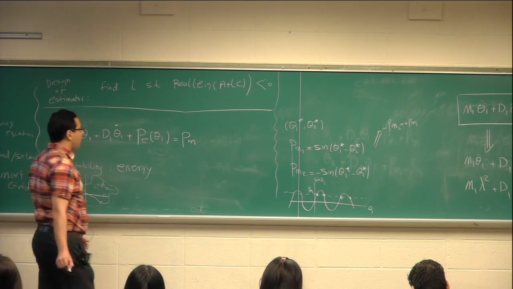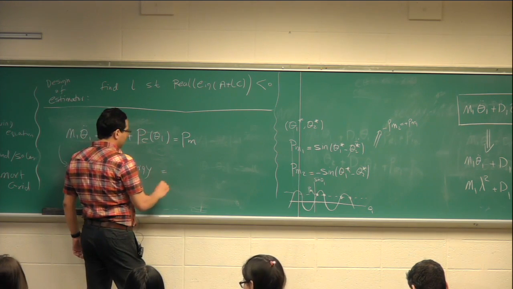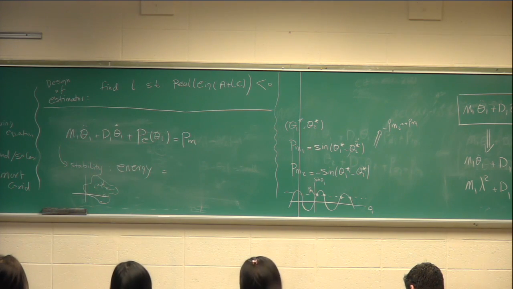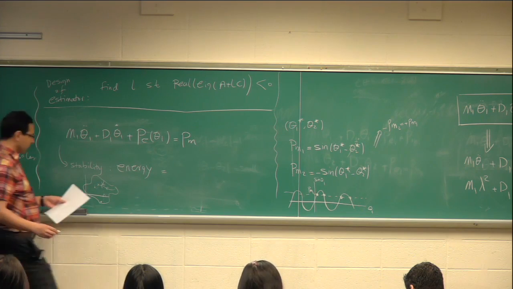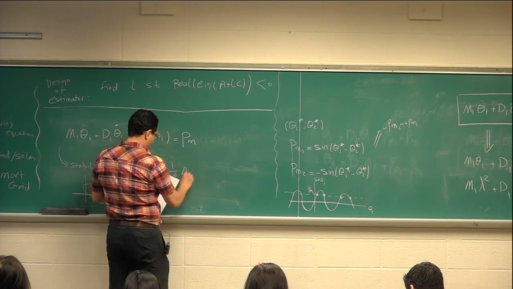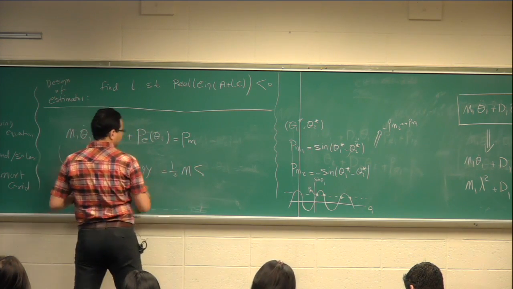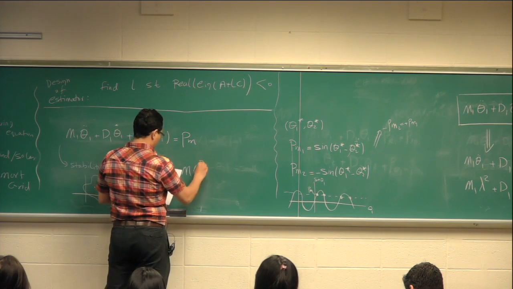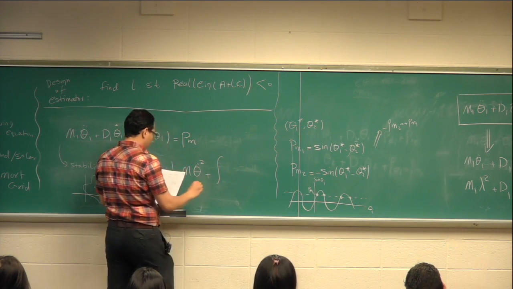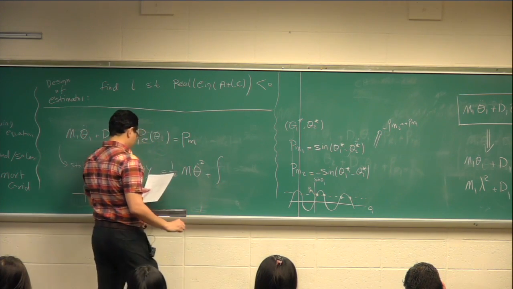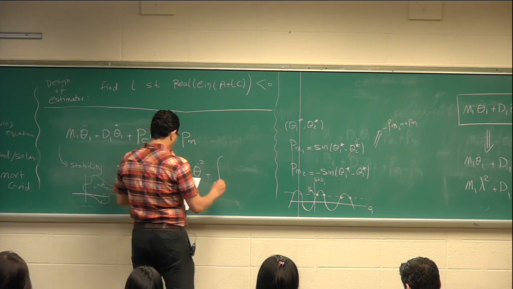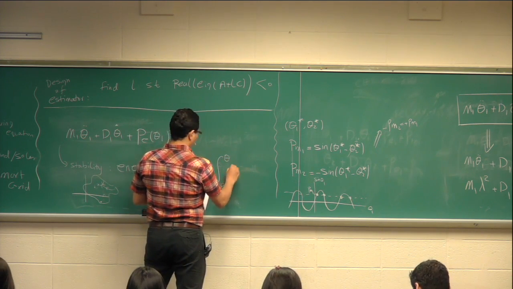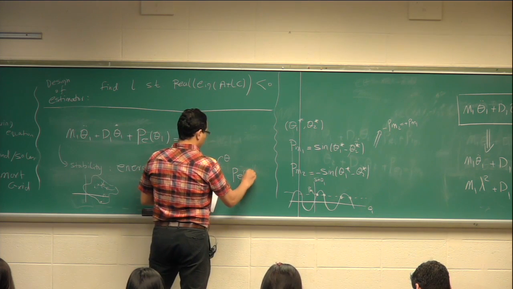In homework 5, you're asked to show that energy is something like this: 1/2 m theta dot squared plus the integral of, for example, you can start from 0 to theta, Pe(theta) d theta.